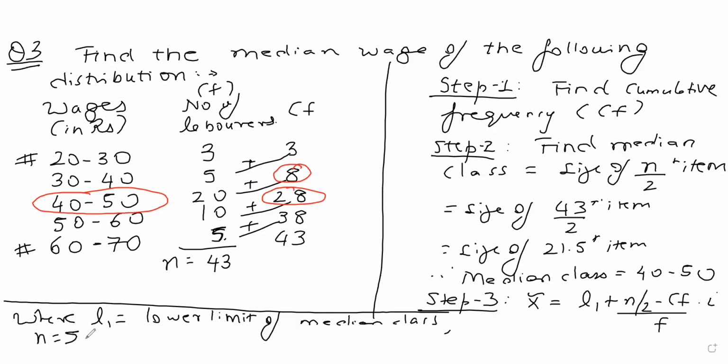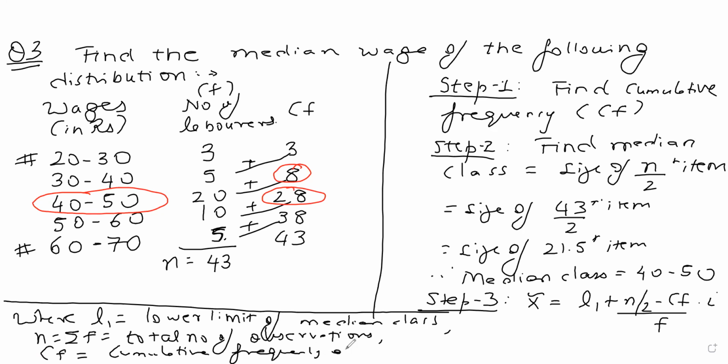N is the sum of all frequencies, which is the total number of observations. CF is the cumulative frequency of the class preceding the median class.